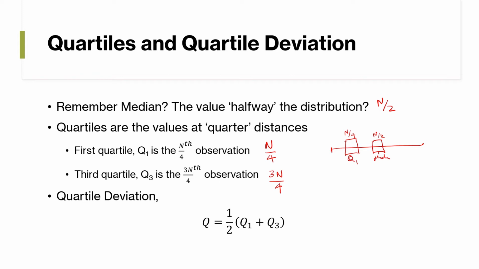Then from the middle to the last number, the value towards the center of this gap, or 3/4 distance from the beginning, is your third quartile.